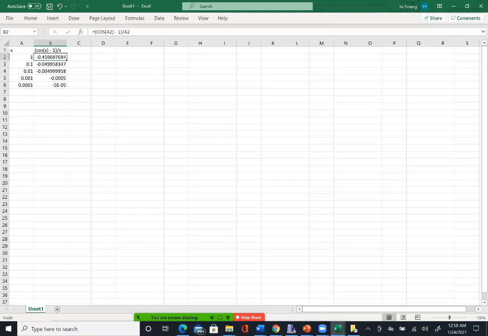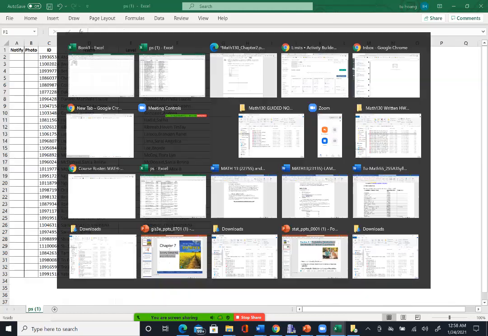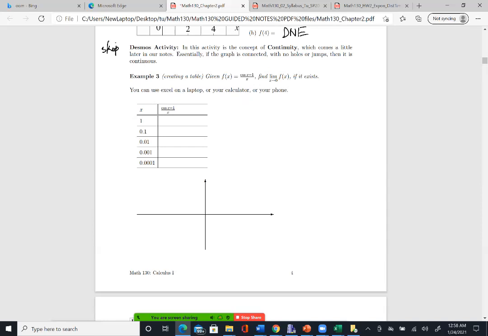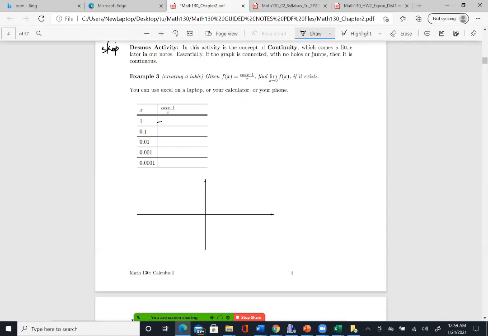So the answers here, let me write them to the notes: negative 0.45968, and the next one is negative 0.049958.